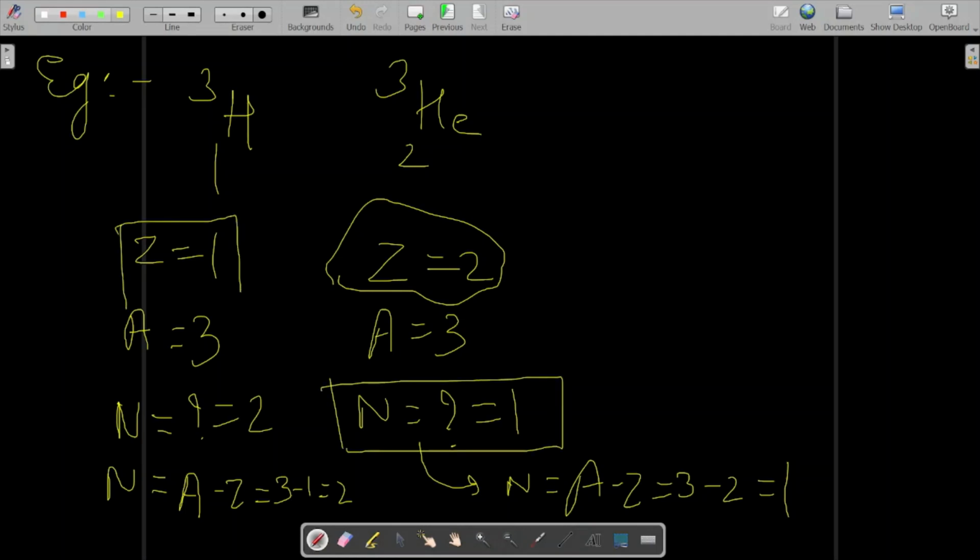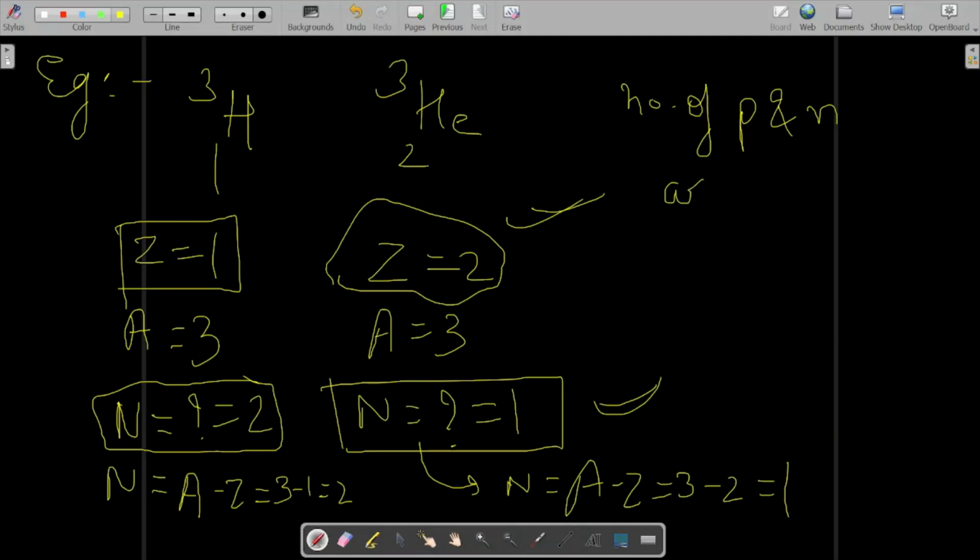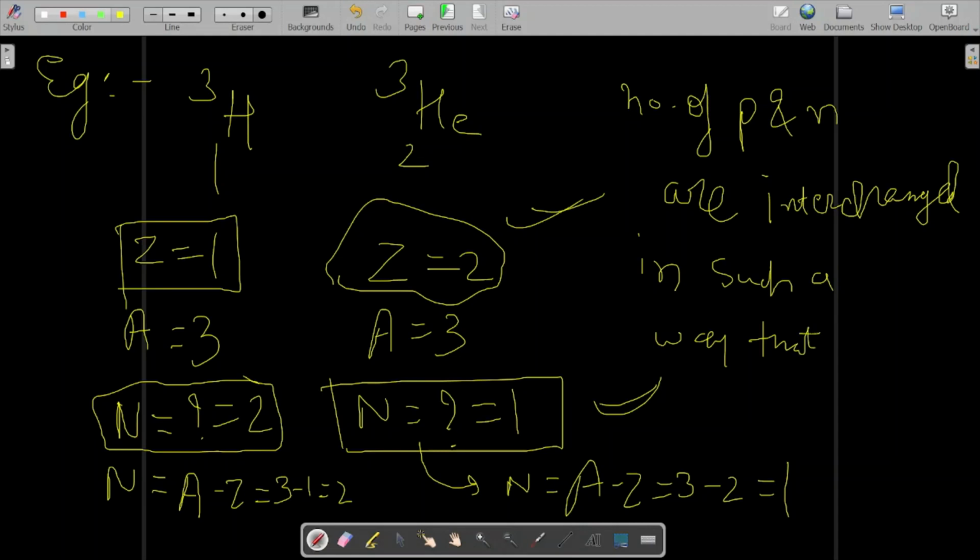The value which is Z here is N in the other; Z equal to 2 here, and N equal to 2 over there. So the number of protons and neutrons are interchanged, and they are interchanged in such a way that A, the total number of nucleons or atomic mass number, remains the same. Then there might be some other examples as well.